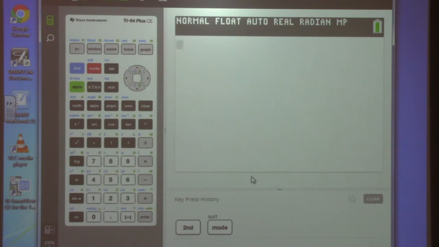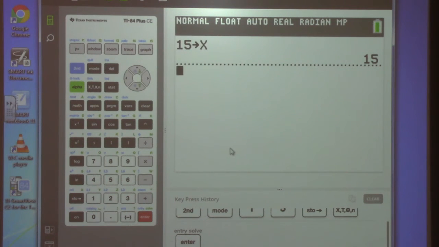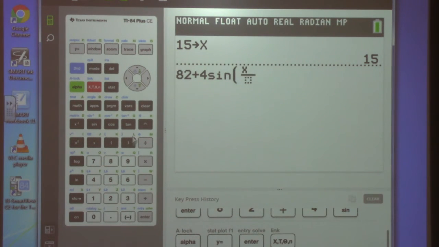And so we're interested between 10 and 15, right? So what you can do is you go 15, storage X, and then you can just type in the expression here, which is 82 plus 4 sine t over 2, and then we have x over 2.